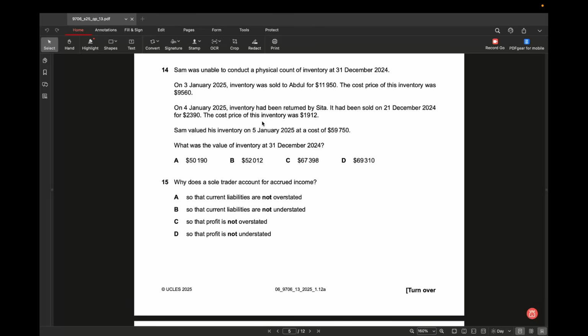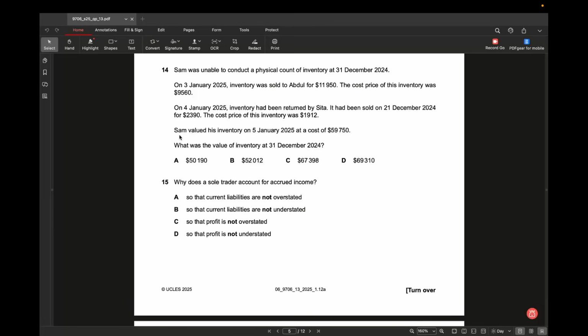So again here we will take into consideration the cost, and this inventory was sold to Sita on 21st December and she returned it to us on 4th January. That means if I calculate the value of the inventory after 4th January, then this inventory stock will be there with me, which she had returned on 4th.